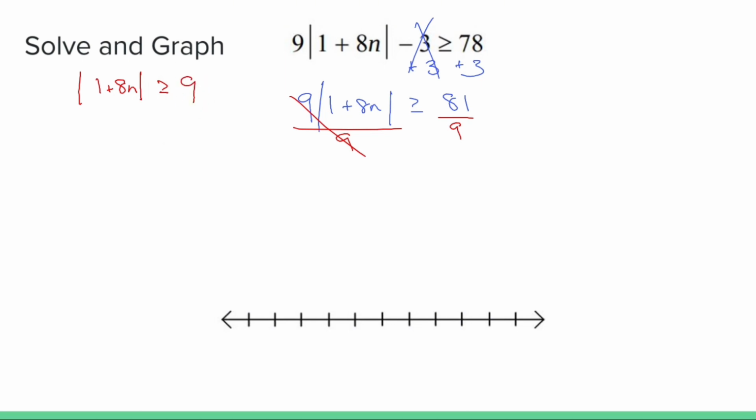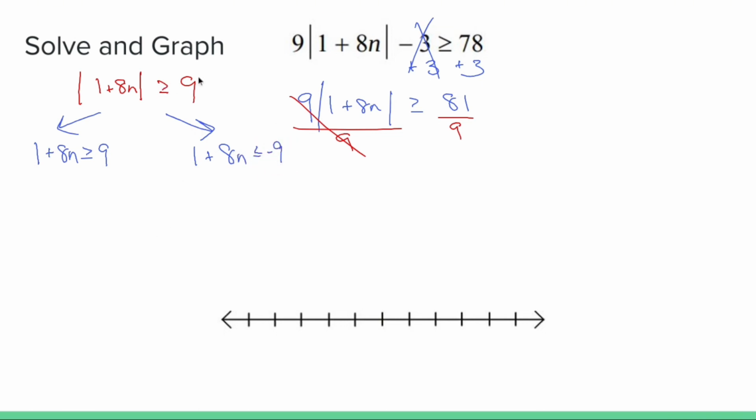Now that we have our absolute value all by itself, we can split this into two separate inequalities. One inequality has my left side the exact same, and the other inequality has my left side the exact same. One inequality has my right side the exact same, and the other has my right side flipping the sign and making it opposite, like so.